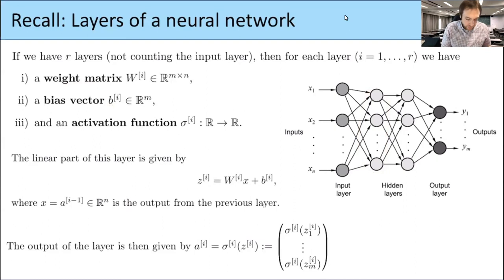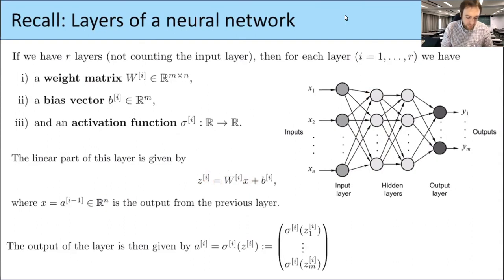Then there's a so-called linear part in one layer, which we denote by Z. These brackets denote the layer. This linear part is given by multiplying the input of this layer, which is always the output of the previous layer, with a matrix, and then adding a vector. So this is the linear part, which in general is also a vector.